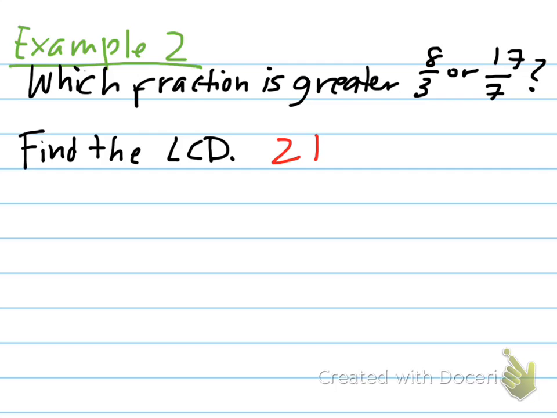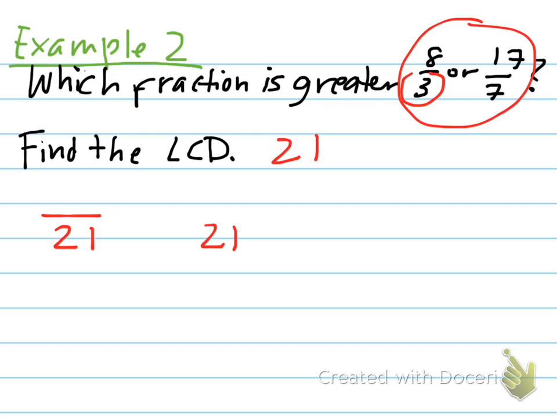So it's 21. So what we're going to do then is change the denominator for each one of these fractions up here to 21. 21, 21. So how do we get from 3 to 21? Well, we multiply the bottom by 7. That means we multiply the top by 7. So 8 times 7 is 56.